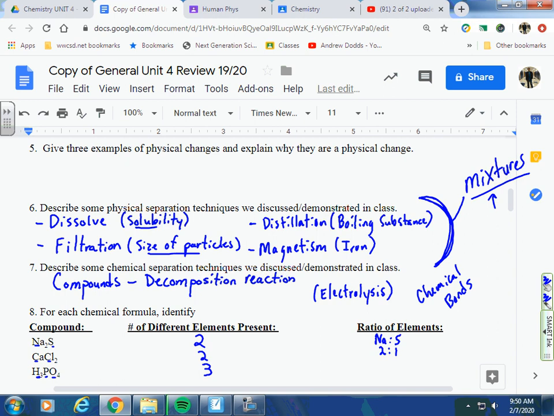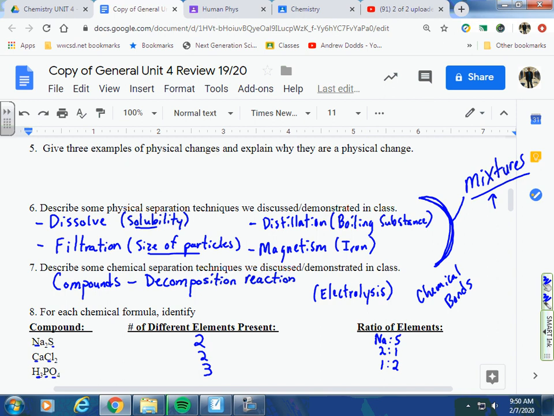On the second one, how many Ca's? Just 1 because there's nothing after it. And how many Cl's? So that would be a 1-to-2 ratio. On the third one, I've got 3 elements.